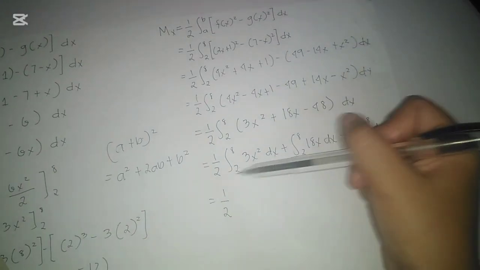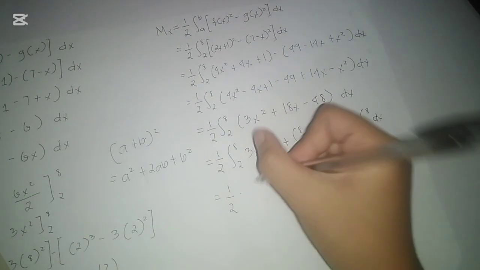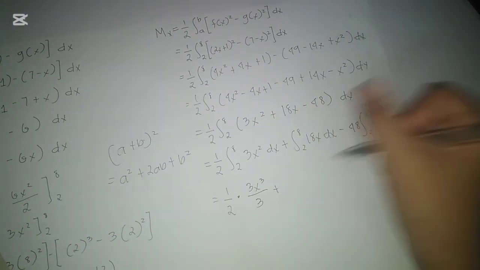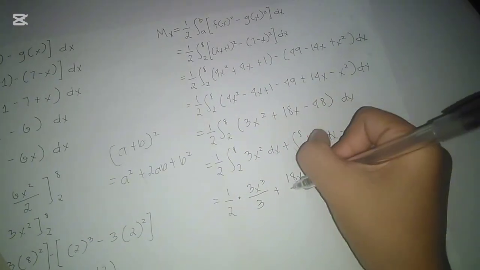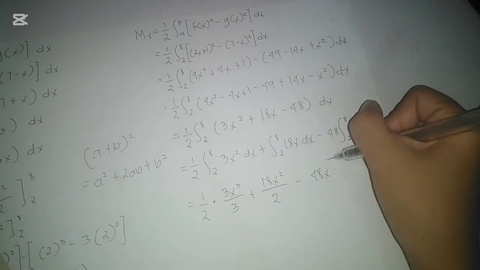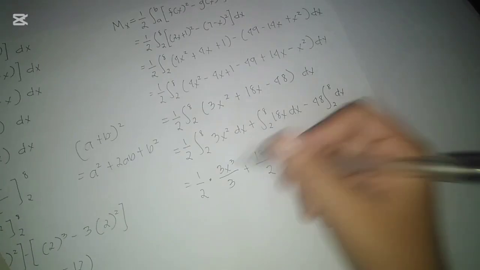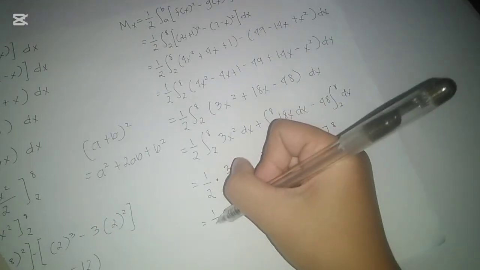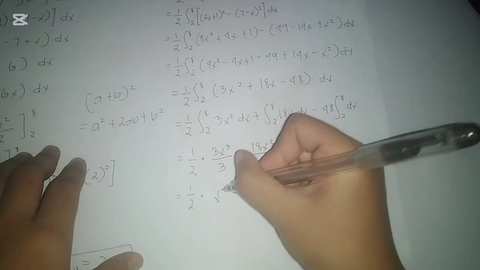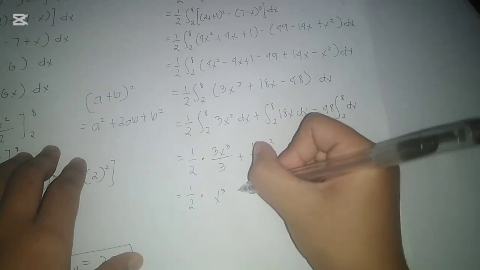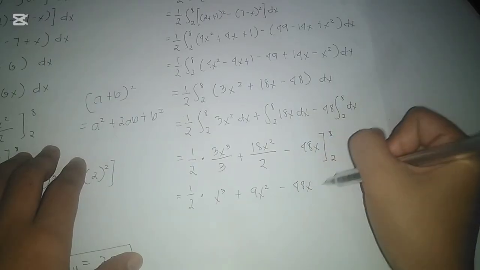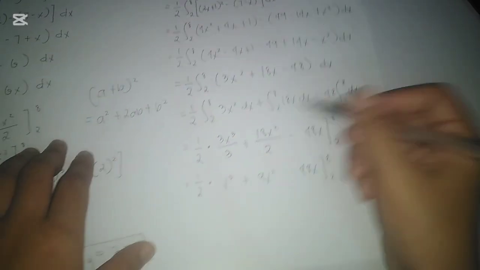Now we're going to integrate each. So this will become 3x cubed over 3 plus 18x squared over 2 minus 48x, evaluated from 2 to 8. So 1/2 multiplied by, we can cancel it out, so we have x cubed plus 9x squared minus 48x evaluated again from 2 to 8.